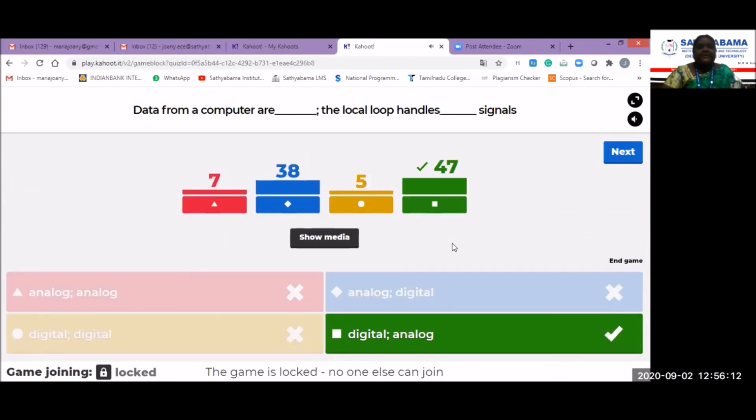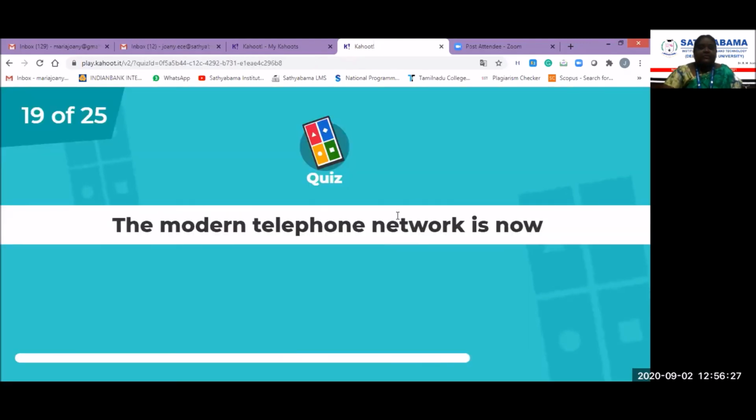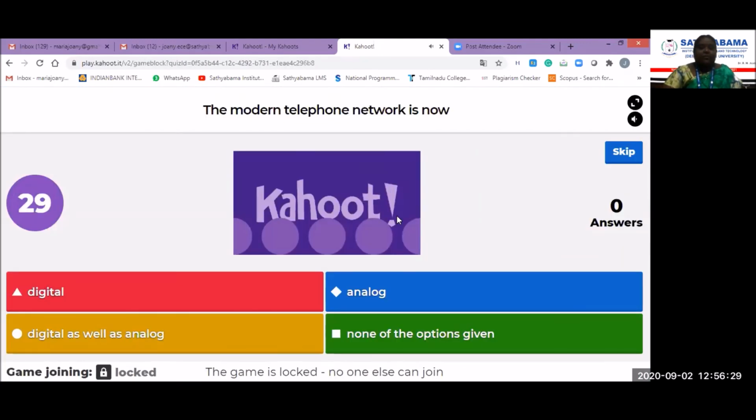Yes, it is going to be digital. The computer data is digital, and the local loop handles analog signals, that is the voice signals. The modern telephone network is now digital or analog or both.